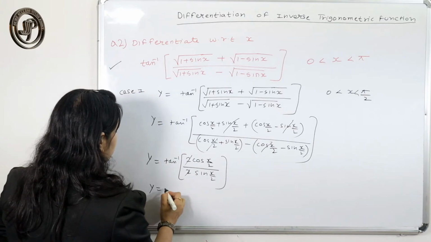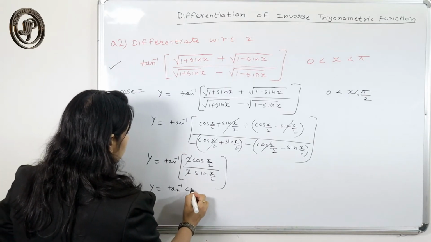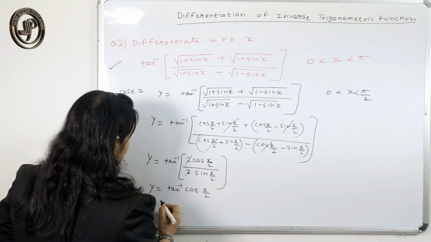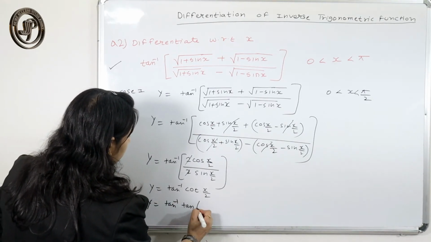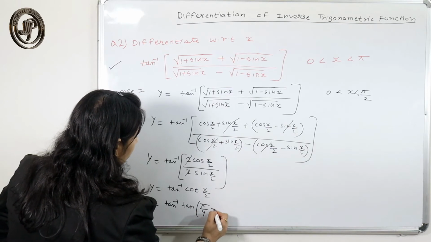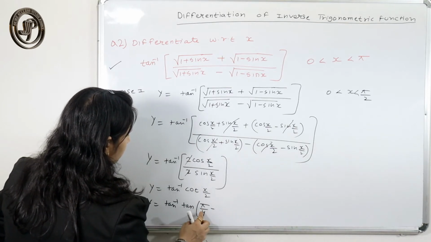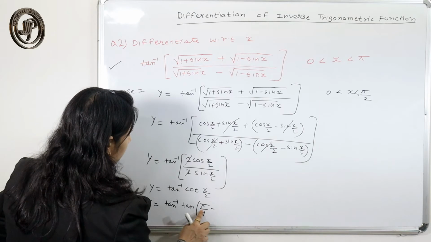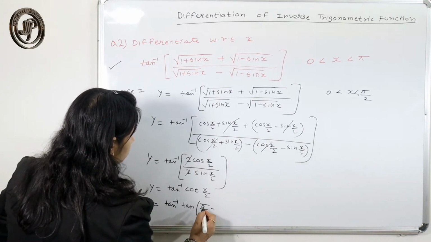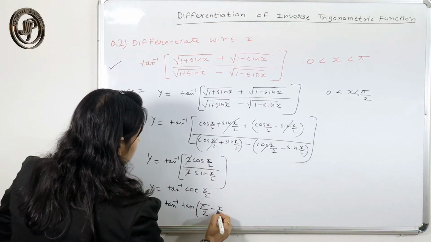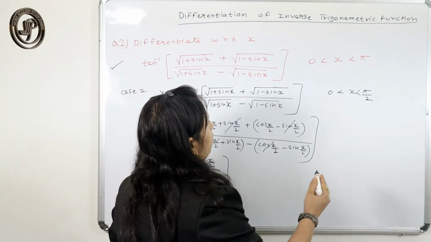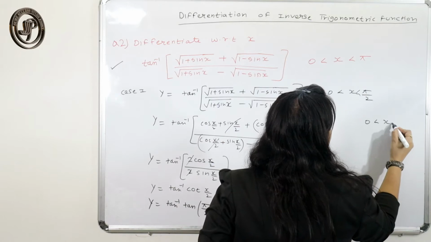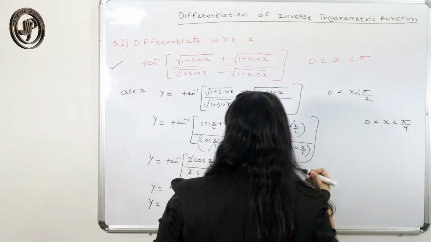So this will be tan inverse cot x by 2. Now this is tan inverse tan of (pi by 2 minus x by 2), since tan of (90 minus theta) is cot theta.